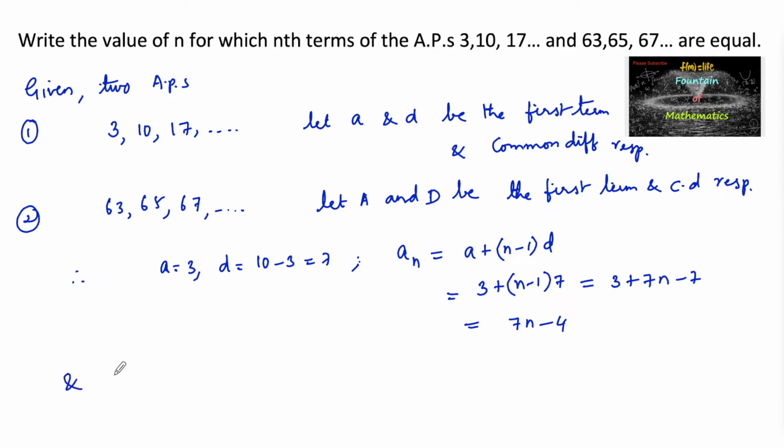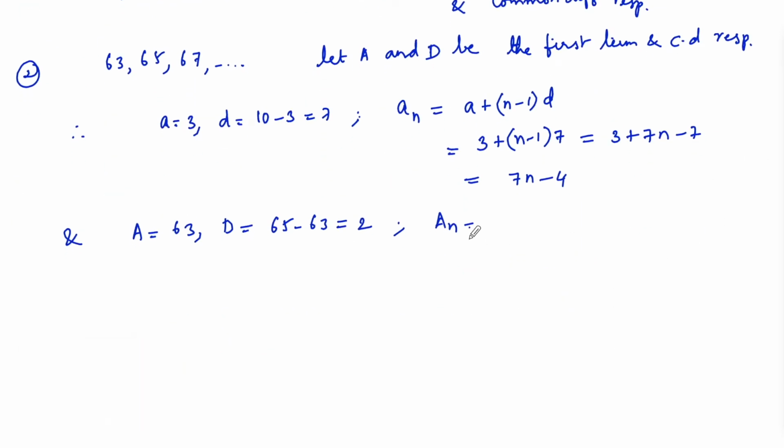And in the second sequence, capital A is equal to 63 and capital D is equal to 65 minus 63, which is equal to 2, and the nth term, let us take capital An, is equal to A plus n minus 1 into capital D, which is 63 plus n minus 1 into 2.